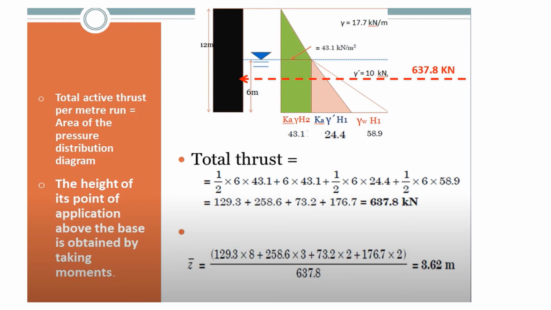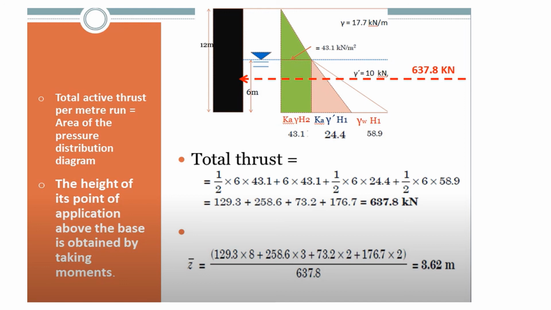It is another triangle, and for the triangle, the resultant force will be acting at a location of h by 3, and the height here is 6, so 6 by 3, which is 2, plus the next, the pore water pressure, and the force is 176.7, and here also the location of the resultant will be h by 3, that is 6 by 3, which is 2.